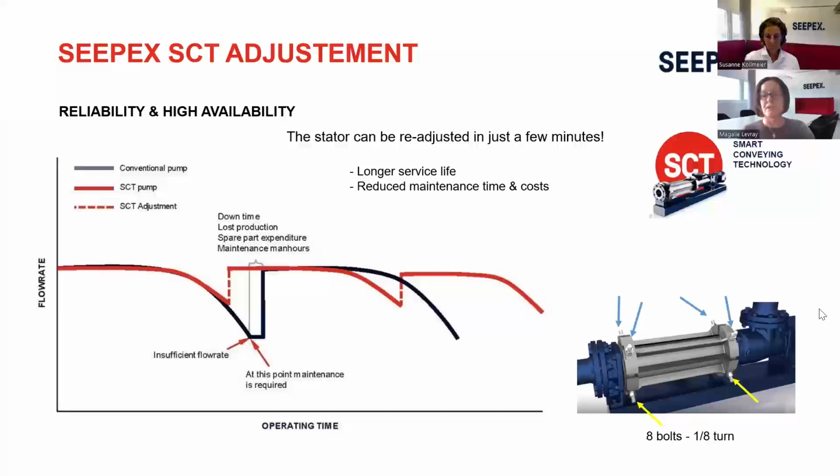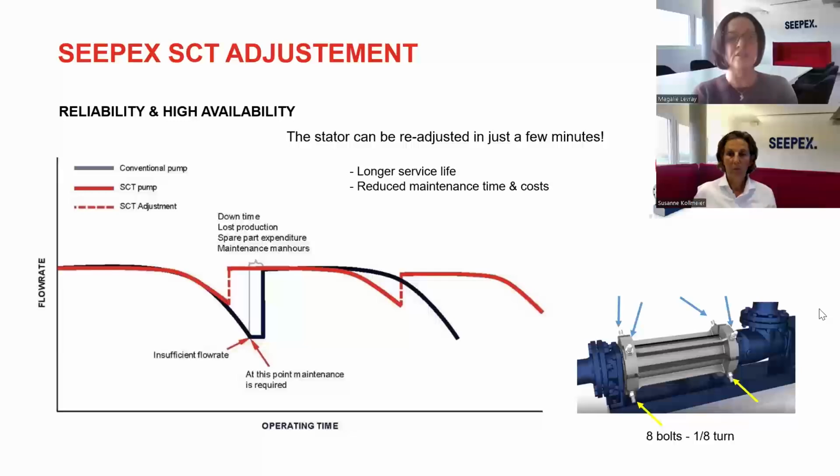So no need to disconnect the pump, no need to change the stator immediately. We can just retighten those 8 bolts, and we provide longer service life, and this way we can really reduce maintenance times and cost. So we can retighten twice before we actually have to change the stator.